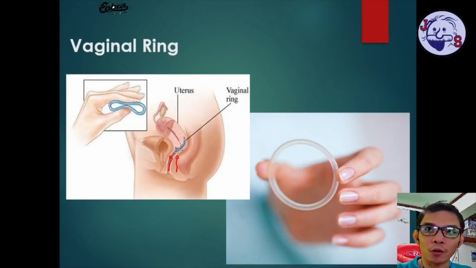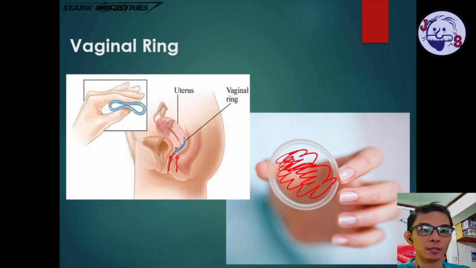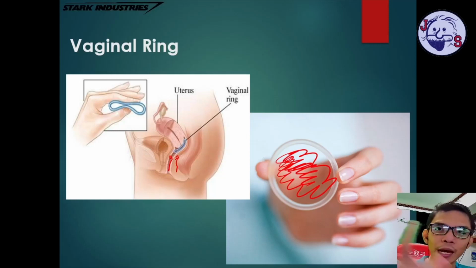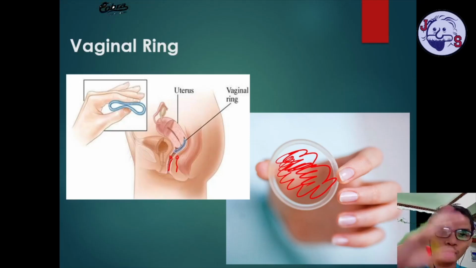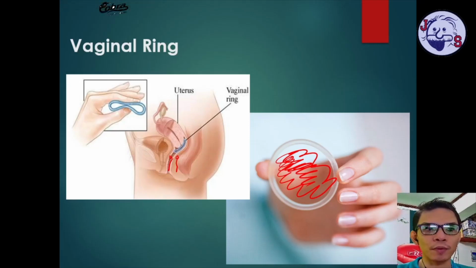It traps the sperm, and most of the time this vaginal ring contains a spermicide to kill the sperm that is present in the vagina. So one purpose is to not allow the sperm cells to get to the cervix and the uterus. That's the function of the vaginal ring.